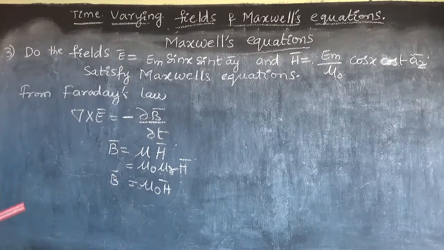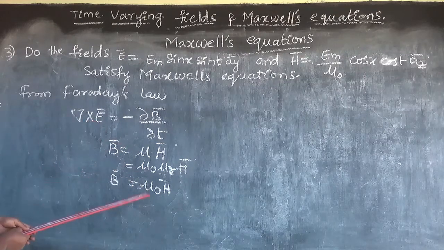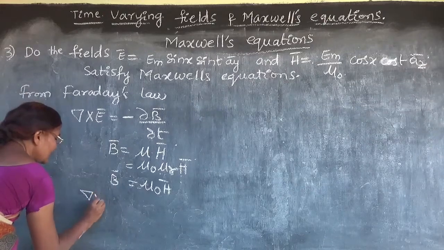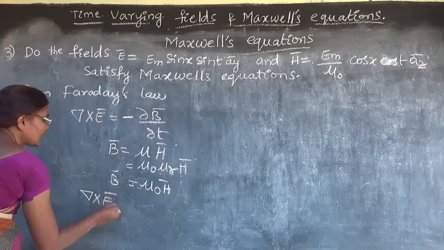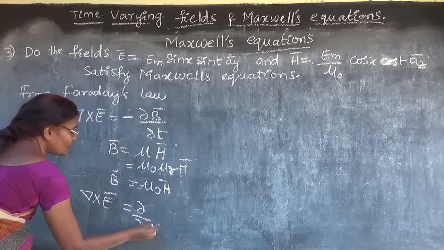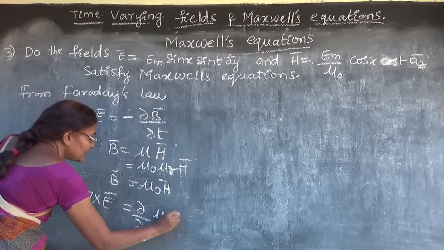So what we have to show is that this must be equal to this చూపించాలి. అంటే ఏంటి, నాకు వచ్చేటప్పటికి del cross E bar is equal to dou by dou t of mu naught H bar.